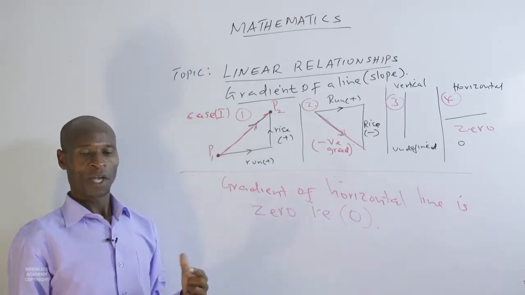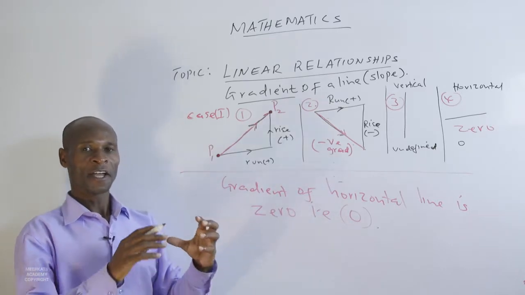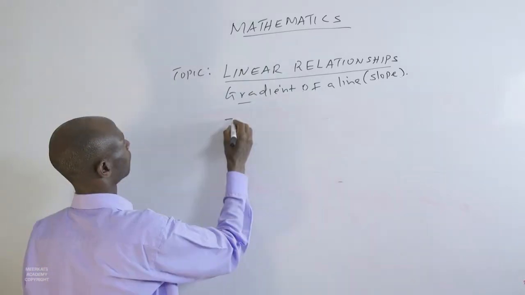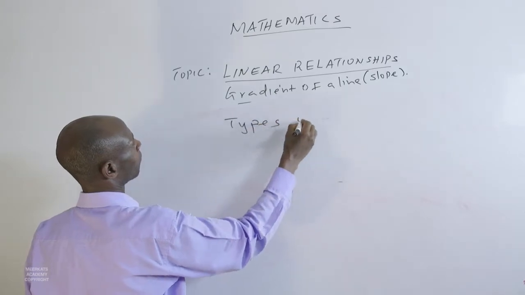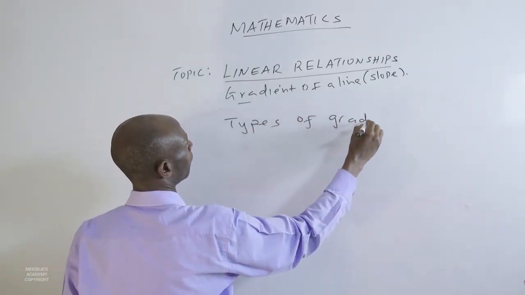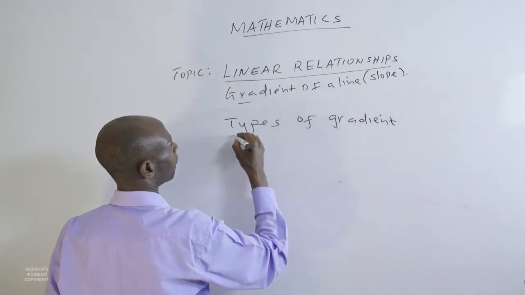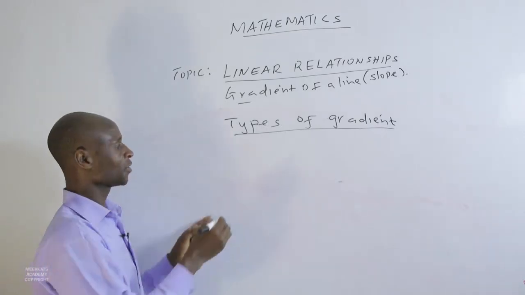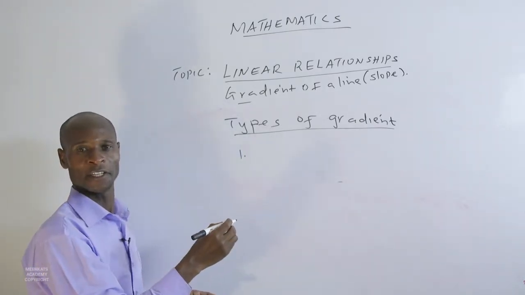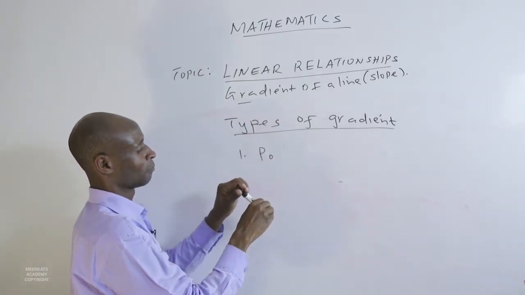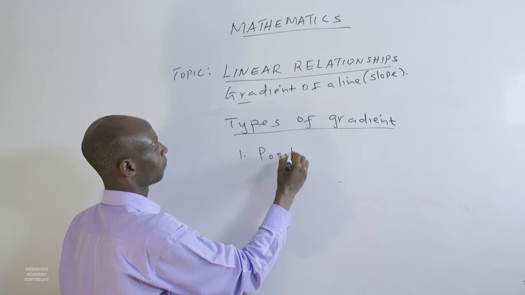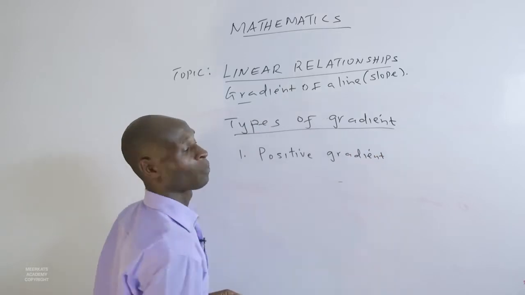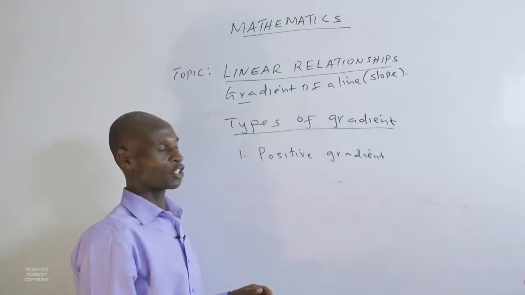So basically, we are going to summarize in a Cartesian plane the types of gradient that we have. The first type of gradient is positive gradient. We can illustrate a positive gradient as shown.